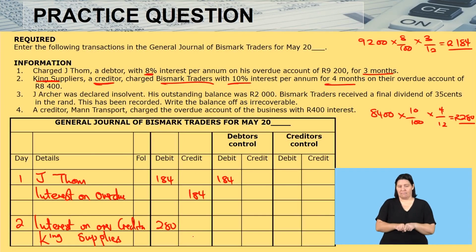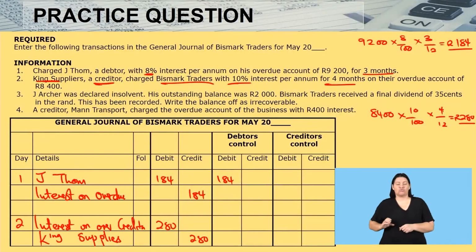The same amount, 280. The moment I credit King Suppliers, I should also credit the creditor's control. That means we owe more to our creditors now, 280. Let us continue with the next one.